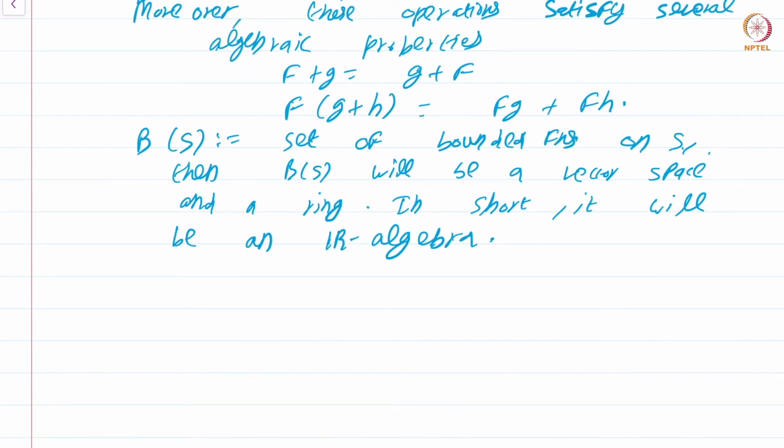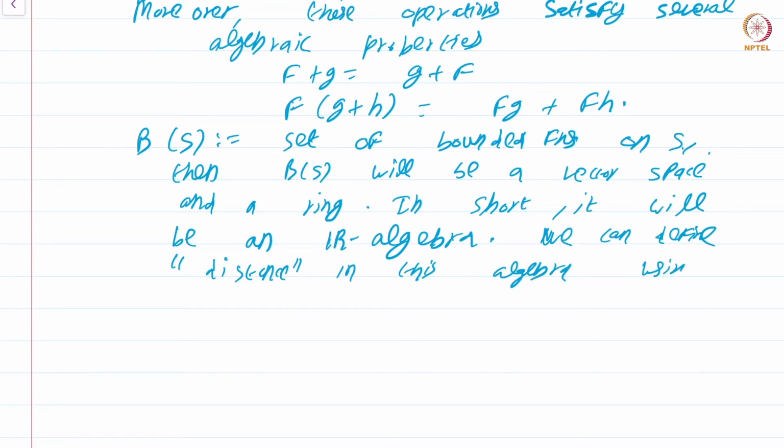Not only that, we can define a distance, which I'll put in quotes, in this algebra using this norm. Now this norm you should think of, as the notation suggests, in terms of the absolute value or modulus function that you have been using throughout this course. The absolute value function on the real numbers satisfies a number of simple properties, the most important of which is the triangle inequality.